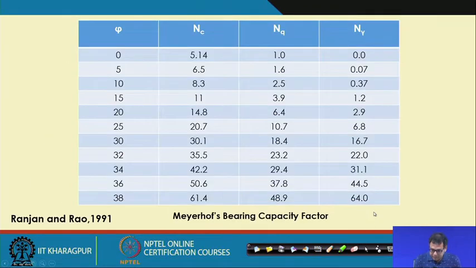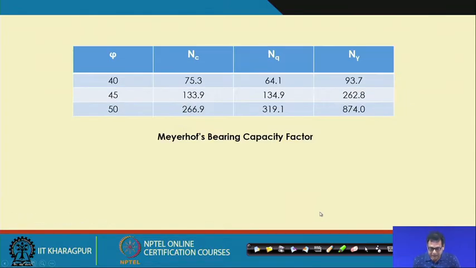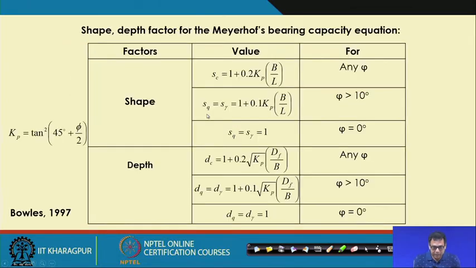So, these are the tables for the Meyerhof bearing capacity factors. This is the table, and this is for 45 and 50 degrees, the same table. And then these are the shape and depth factors for Meyerhof's bearing capacity equation. Here the shape factor SC we are using: 1 plus 0.2 Kp B by L, and this is for any phi.